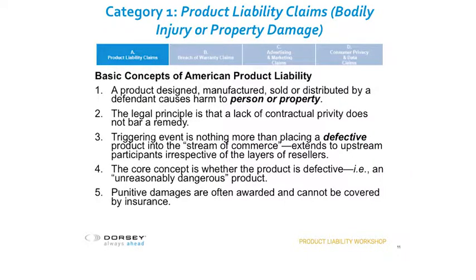In one sense, product liability is a very simple concept in that what happened about 100 years ago is the court simply said, we are going to dispense with the notion that a person that has been injured in their personal property by a product has to have privity of contract with the party that put that product in the stream of commerce.